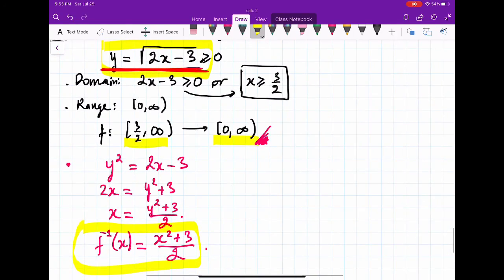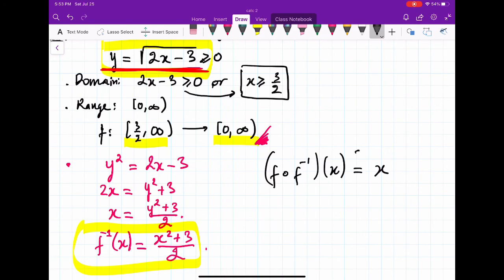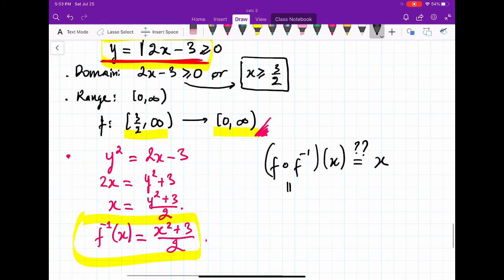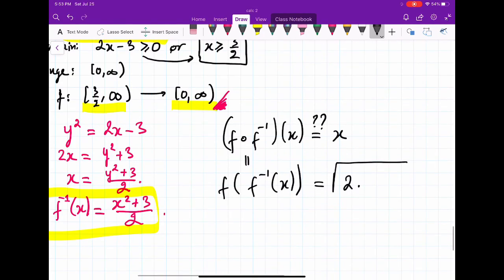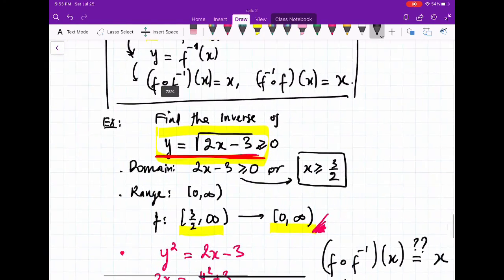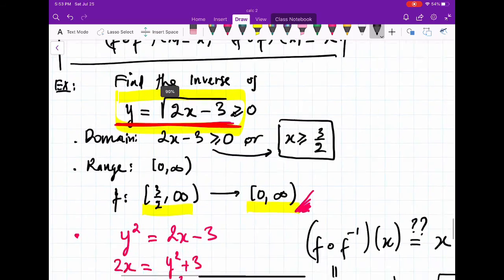So you need to check the identity. Let's say f composed with f to the negative 1 at x equals x or not. We have f of f inverse equal to, my function is square root of 2, and instead of x I need to plug in f inverse.